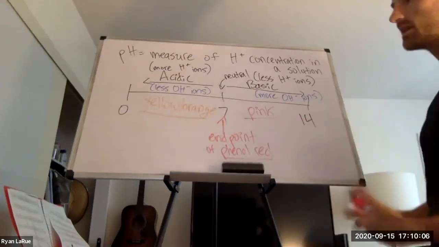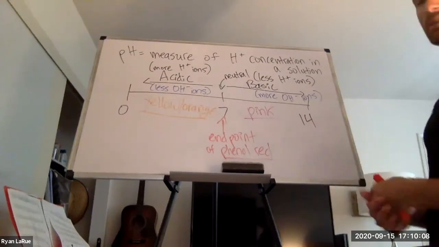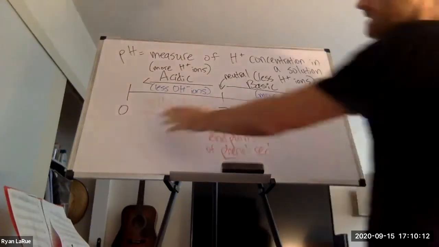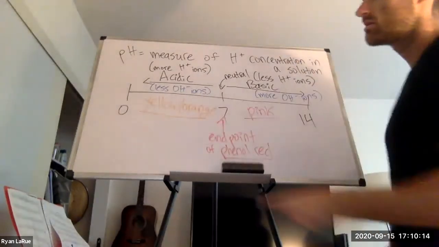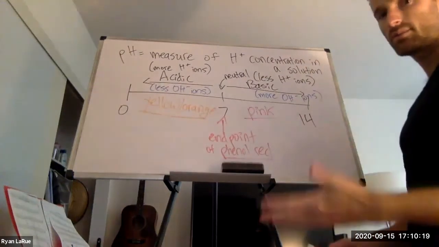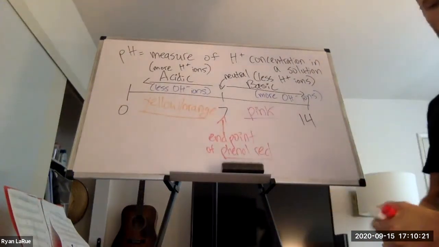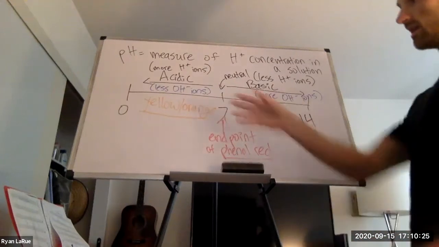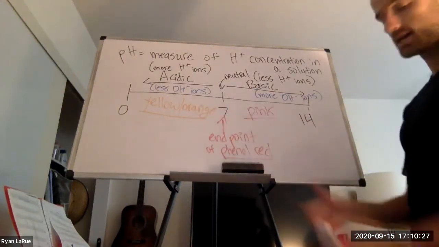Now, titration and endpoint, what that means and how we determine the pH of a solution, that's what this lab's about. If we have an acid, we know it's going to have some pH between 0 and 7, but we don't know what the pH is. The way we determine it, we look at the color, we say, oh, yellow-orange, that's an acid.